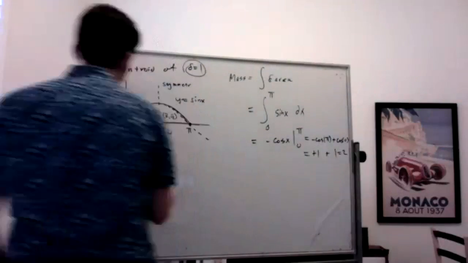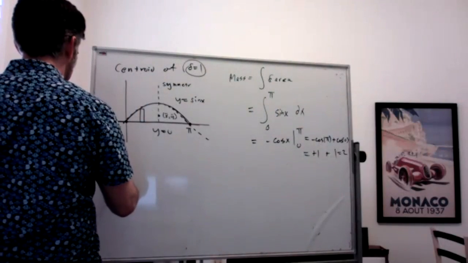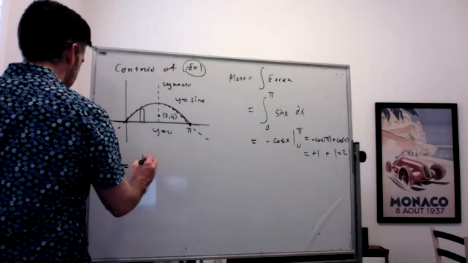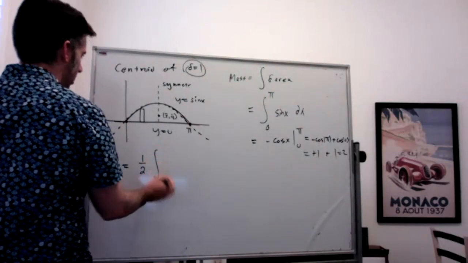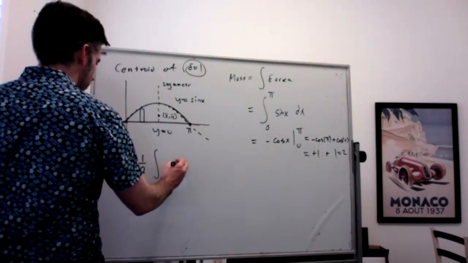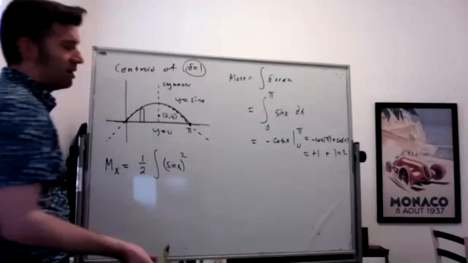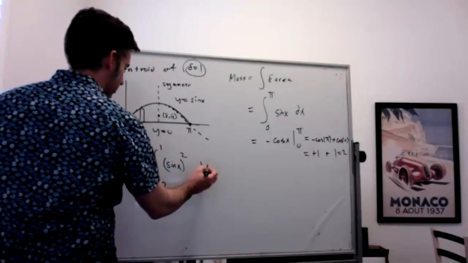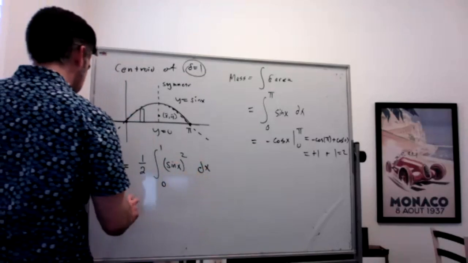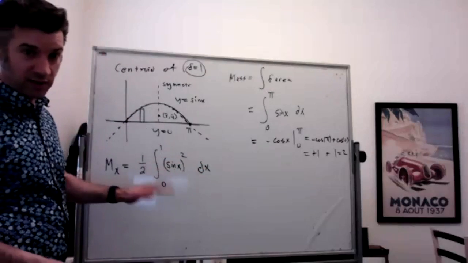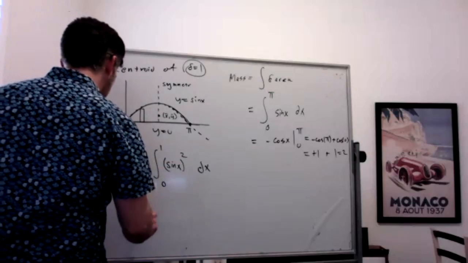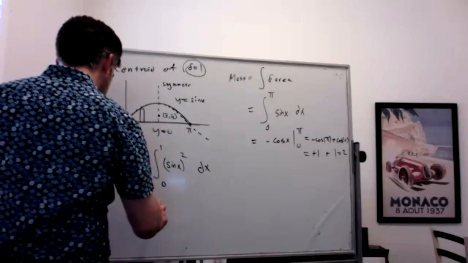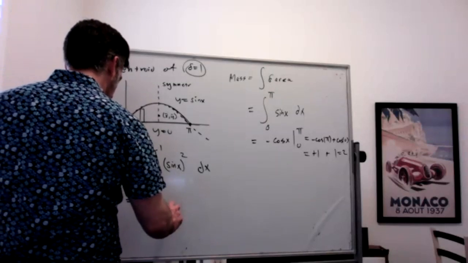Okay, let's find the moments around the x-axis. So one way to do it is using the formula where it's 1/2 the integral of the function squared. Really the top function squared minus the bottom function squared. So let me talk again about where this is coming from. This is the integral from 0 to pi of the mass, which is the density times the area.